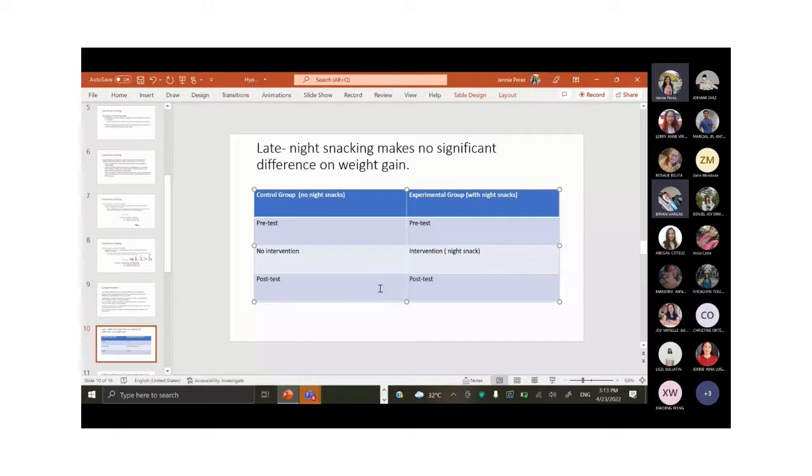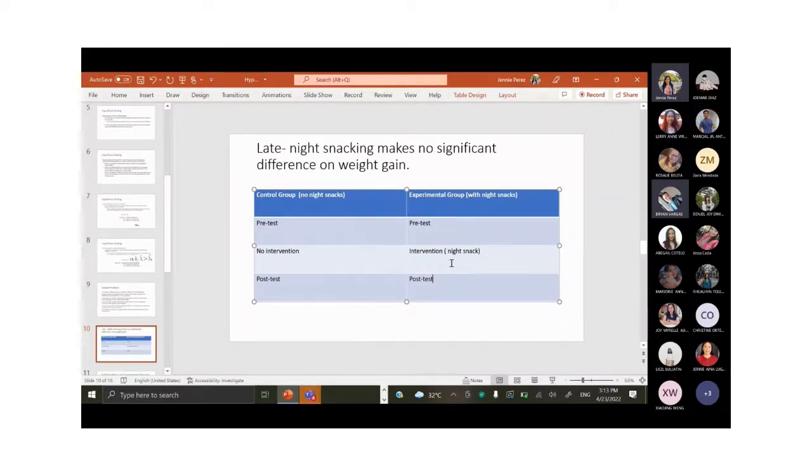We can now make a safe conclusion based on our data that, based on our statistical testing, there is a significant difference in BMI between the control and experimental group, and therefore that difference is due to the intervention that we have introduced to our group. And that intervention is night snacking.